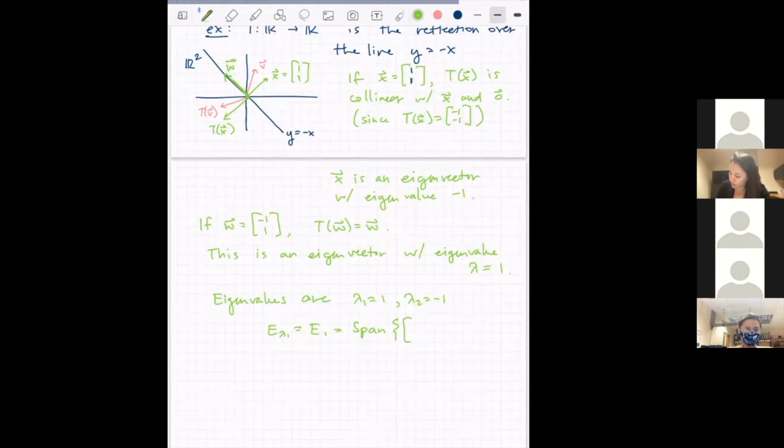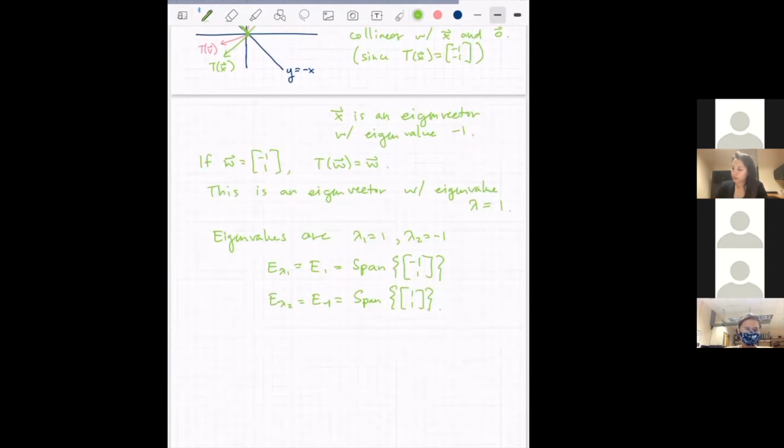No, -1, 1. And then E lambda 2, which is the eigenspace for -1, is the span of 1, 1. And so these are the eigenspaces.